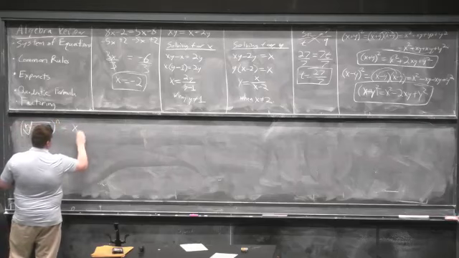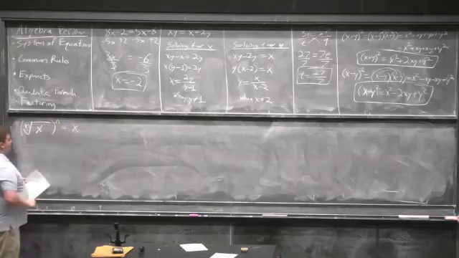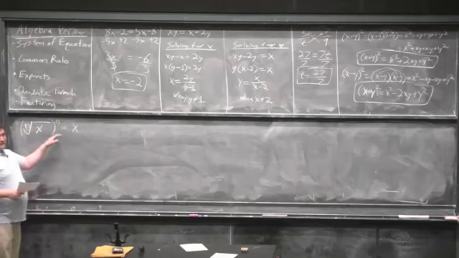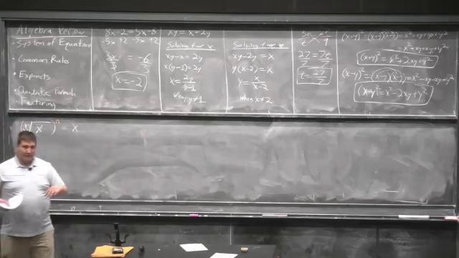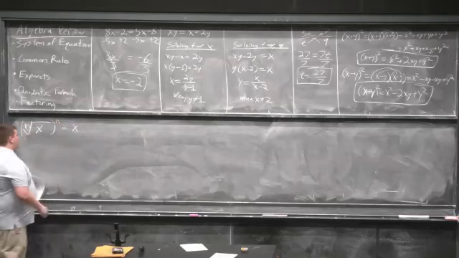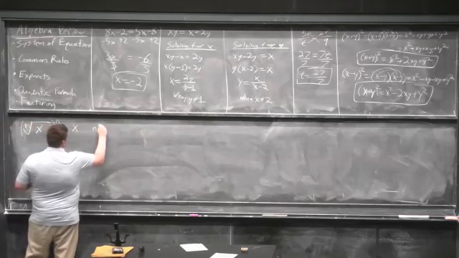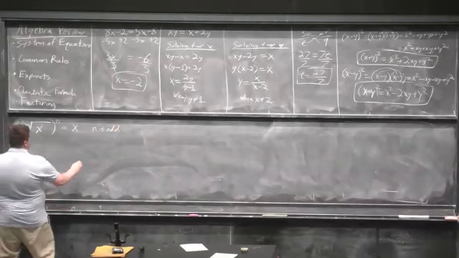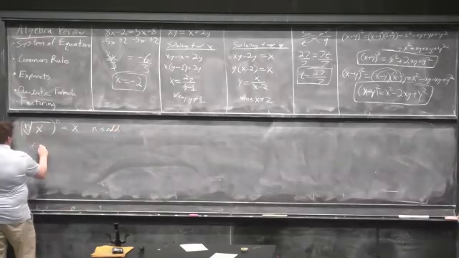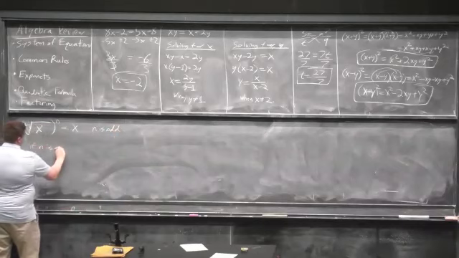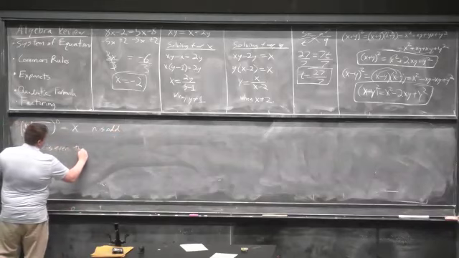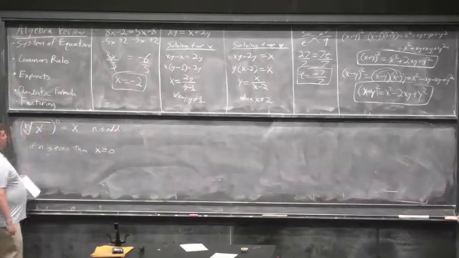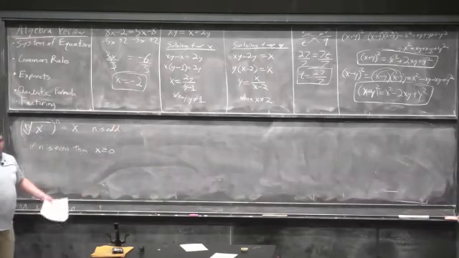And this caveat, as I talked about before with that whole squared thing, is that when n is odd, I have that. But if n is even, then x must be greater than or equal to 0 for this to work in general.